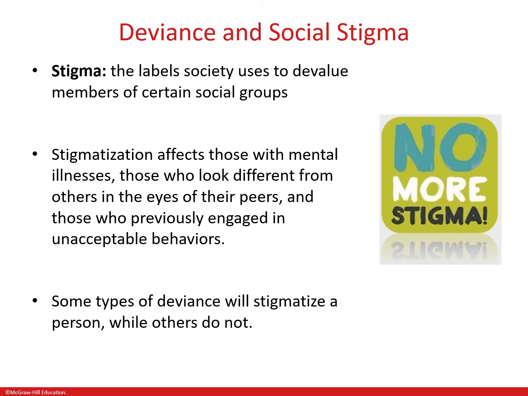Symbolic interactionist Irving Goffman, as we talk about deviance and social stigma, coined the term stigma, which refers to labels that society uses to devalue members of certain groups. It's usually based on physical behavior or characteristics.